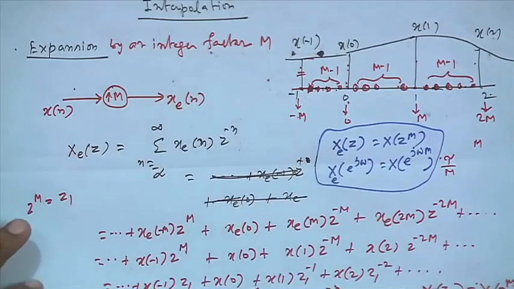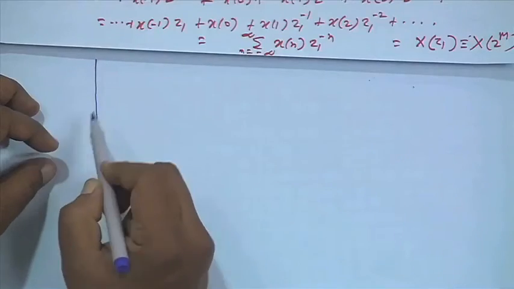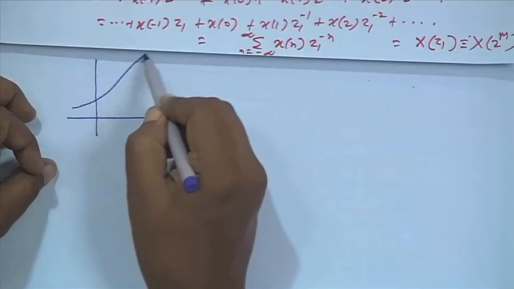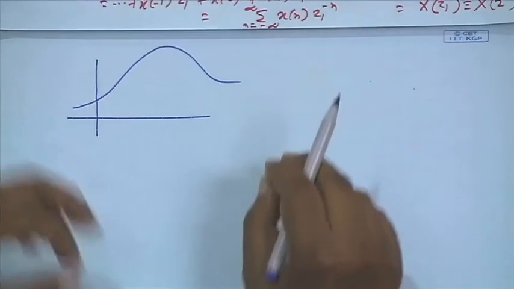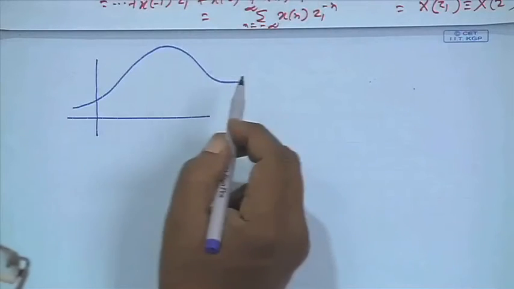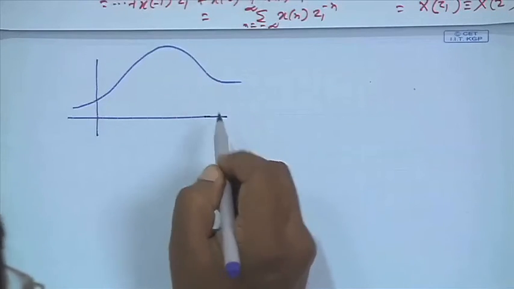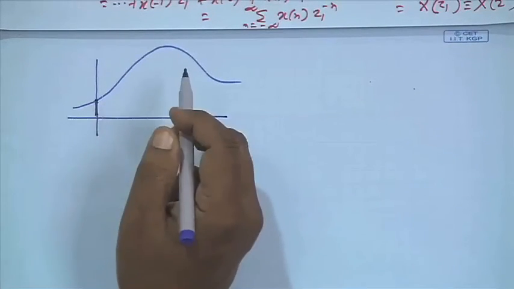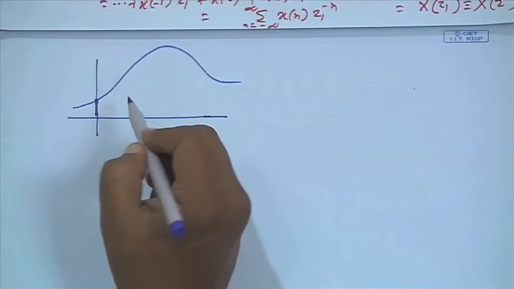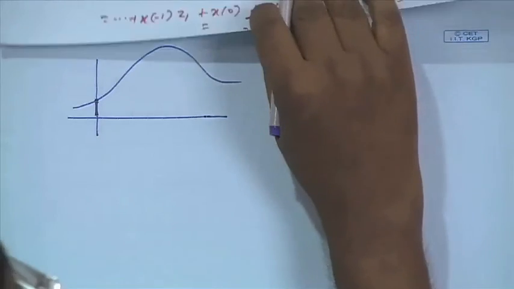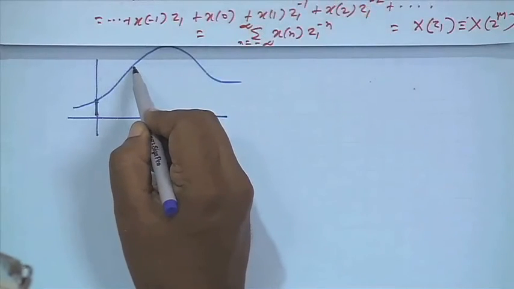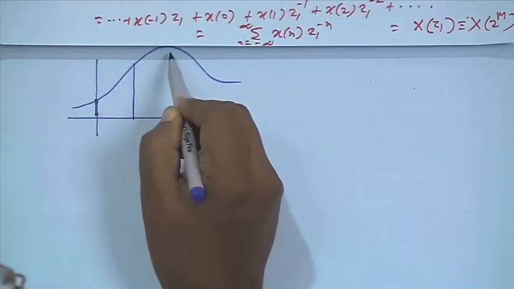Now, I come to the topic of interpolation, where we will be using this expansion. Suppose as before, I had an analog signal. Okay. And suppose it was sampled at a lower rate.